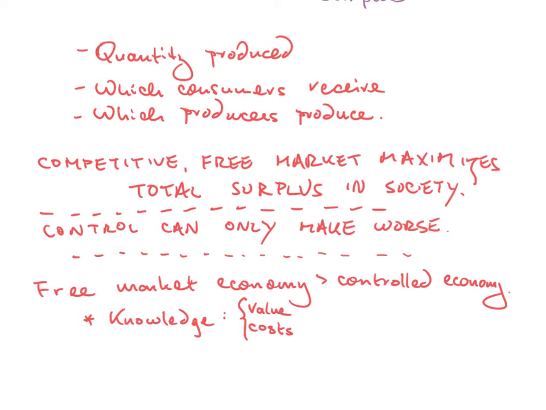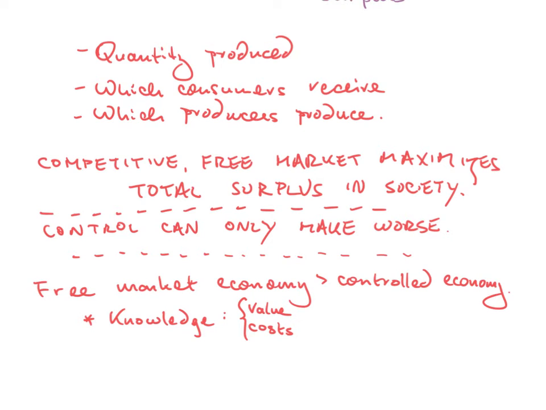For the market to be efficient, the individual people need to have knowledge of their own value of the good. Each person needs to know how much they value the good at, and each producer needs to know their cost of producing the good. It's a lower requirement for knowledge.